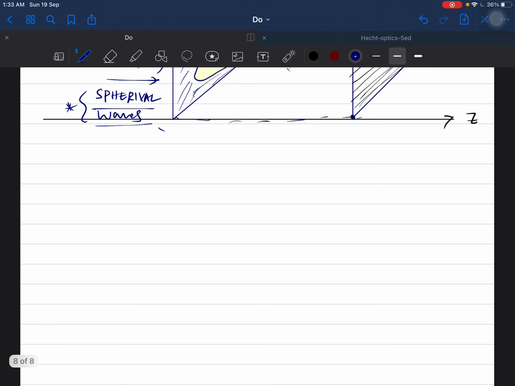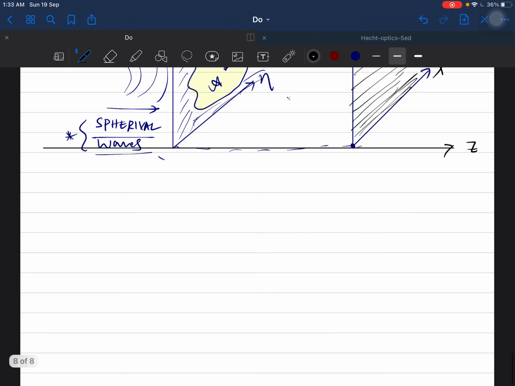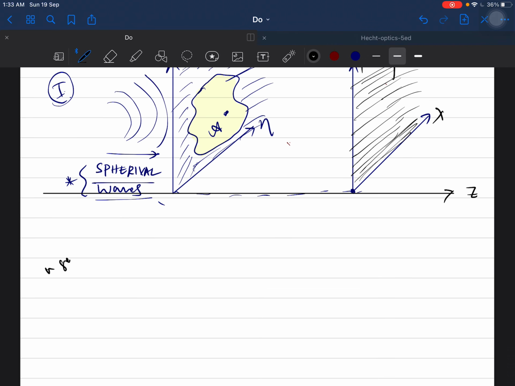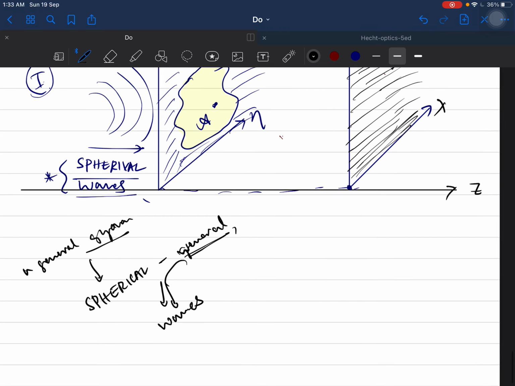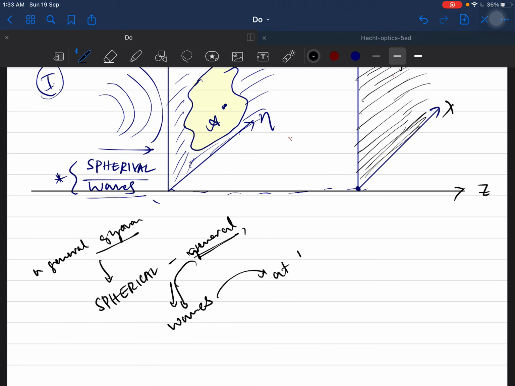So a general gyan would be that spherical waves are the general waves. Generally, the waves travel in a spherical manner. At higher radii, at higher distances from the source, it behaves as a plane wave.